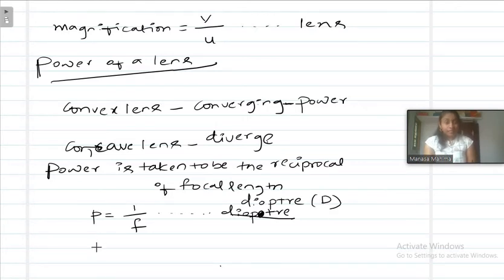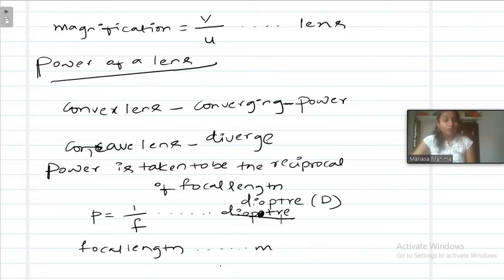And in what terms can we define the focal length? The focal length is defined in terms of meters. So m is the meter and D, capital D, represents the dioptre. Dioptre is the unit to measure the power. What does the power represent? Power of a lens represents the amount of convergence or divergence of a lens.